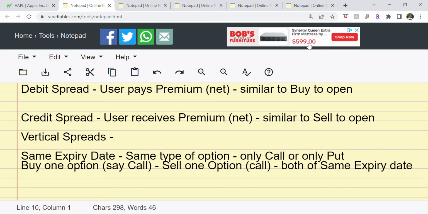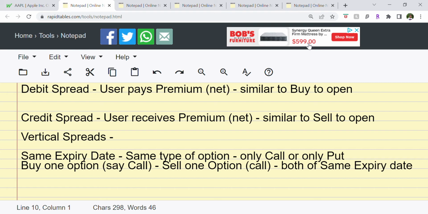So first of all, the basic words. Whenever someone says they got a call credit spread or a call debit spread, what is a debit spread and what is a credit spread? It's very simple.